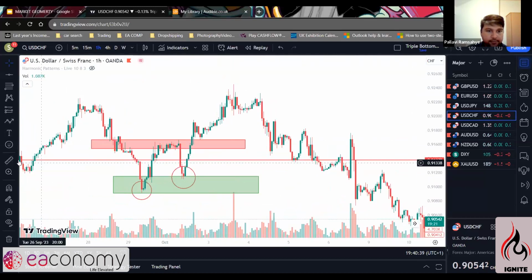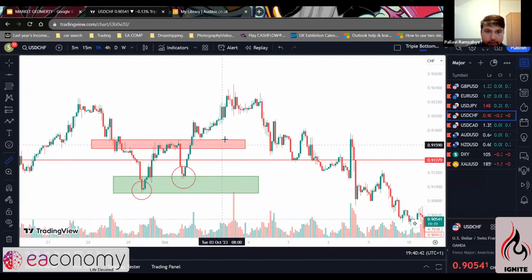So with this, let's have a quick look. Let's say we entered at this point. So we placed our stop loss there or here. Let's say your stop loss is 30 pips.